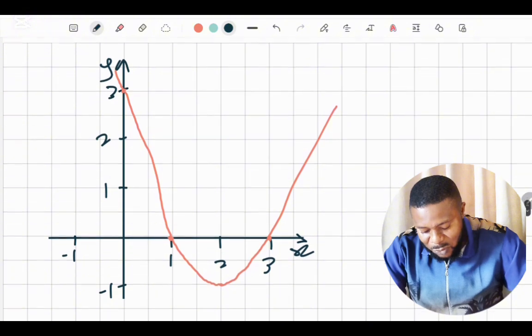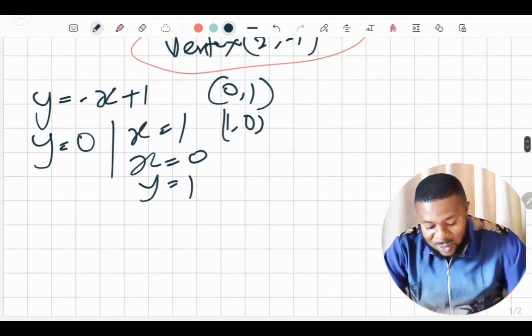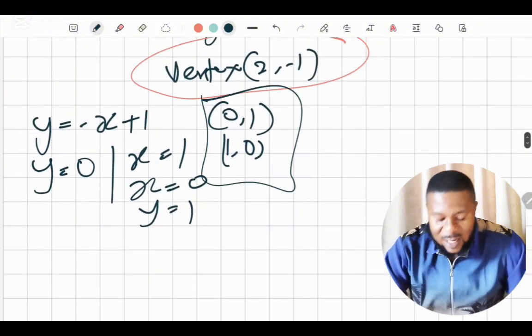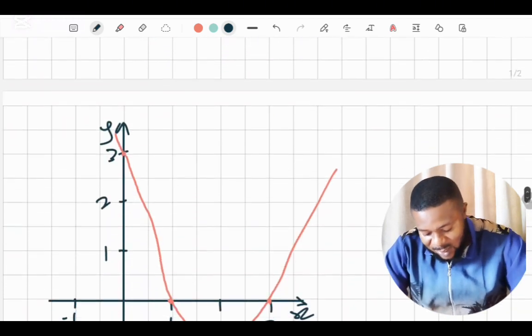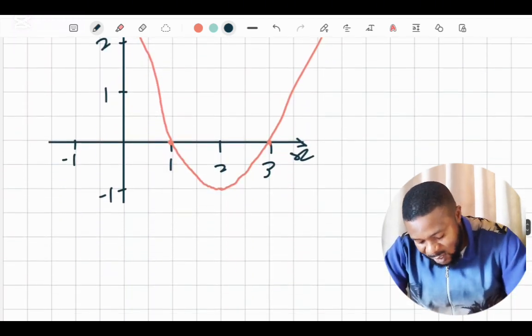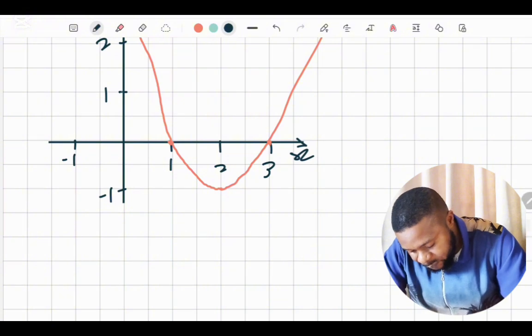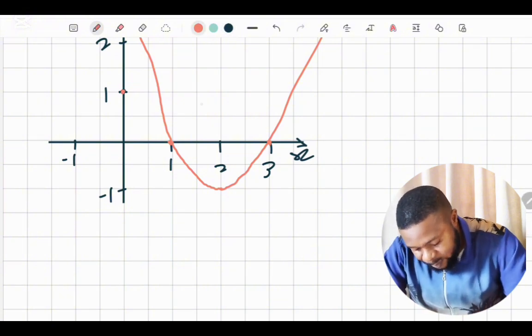So we go to plot our straight line. These are the coordinates of our straight line, (0, 1) and (1, 0). So let's just find them. X is 0 and y is 1 is here. And we have (1, 0) here.